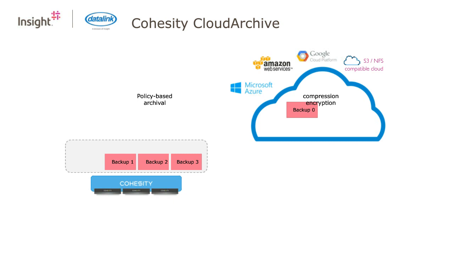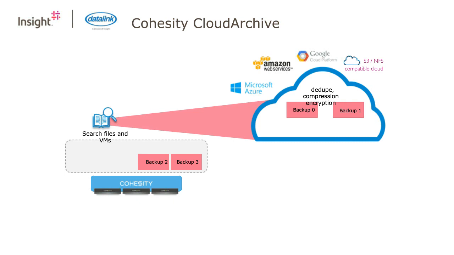Even though it's sitting outside of my four data center walls inside of the cloud, it's still encrypted. All the data efficiencies, compression, and deduplication still apply. So I'm writing efficiently to the cloud, and I'm using it as my long-term archival. I'll just let some of these animations build out here so we can see that workflow.